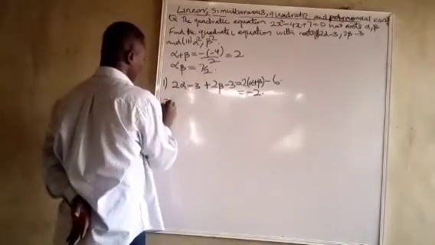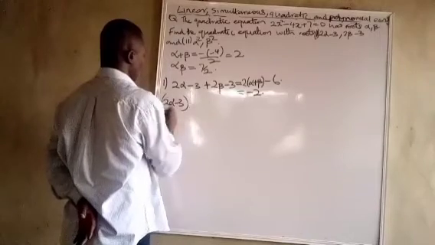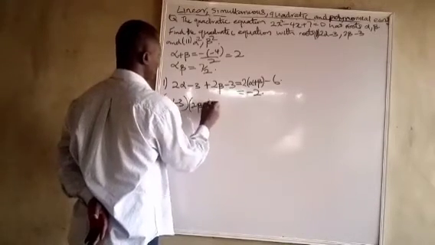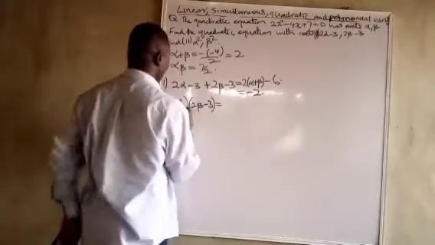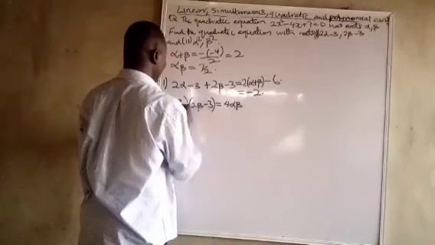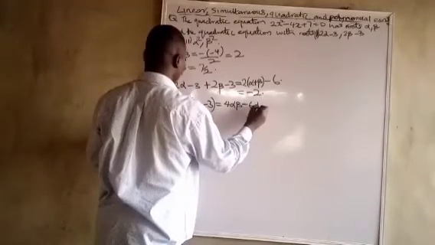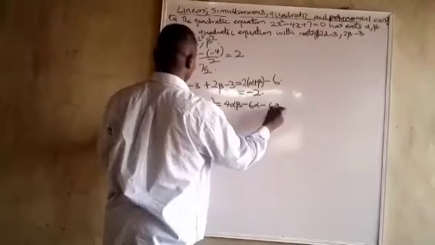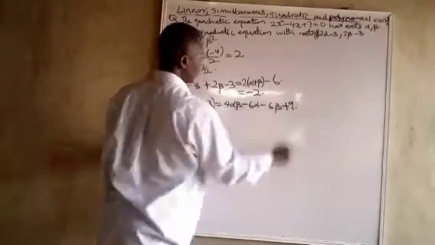The product, 2 alpha minus 3 into 2 beta minus 3, is going to give us 4 alpha beta minus 6 alpha minus 6 beta plus 9.